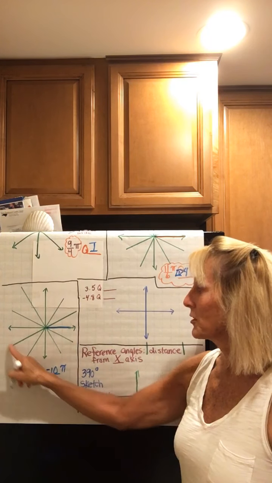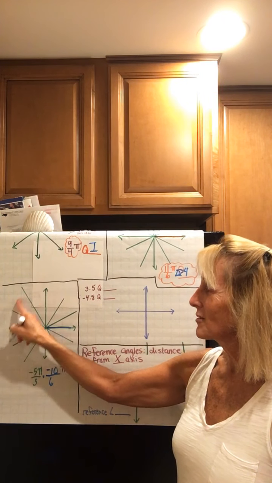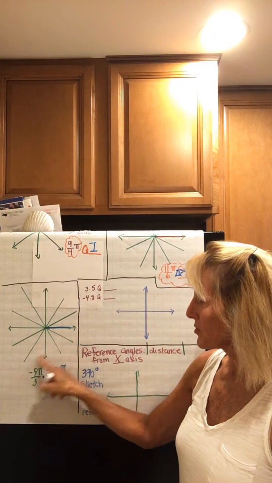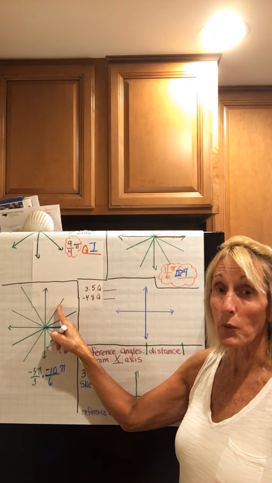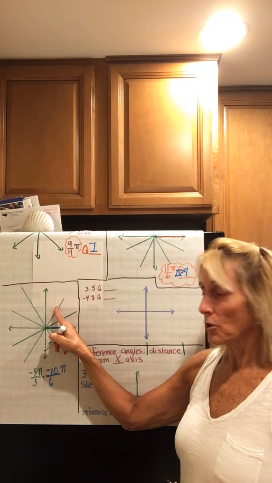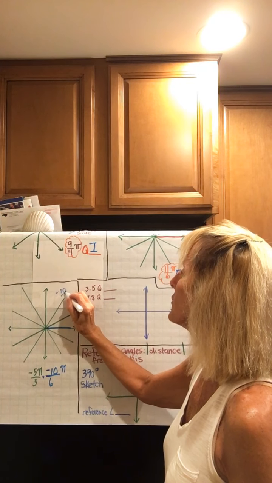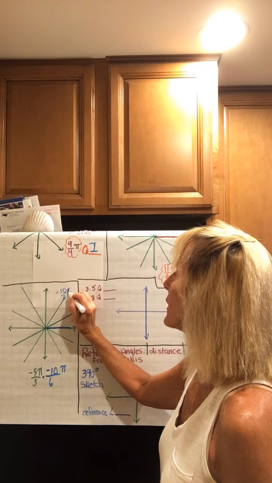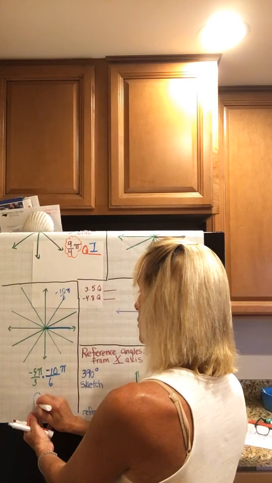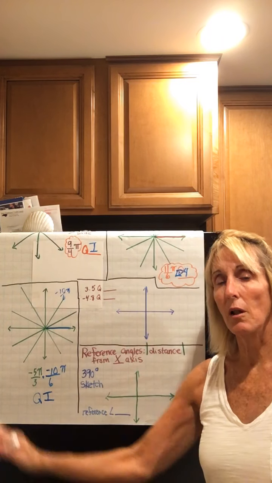So I could go 6/6 here, 7/6, 8/6, 9/6, 10/6, but remember this is -10/6 because I went clockwise. So I'm here in quadrant 1. Negative 10/6 pi was right here in quadrant 1. So my answer for this one is quadrant 1 because I went clockwise.